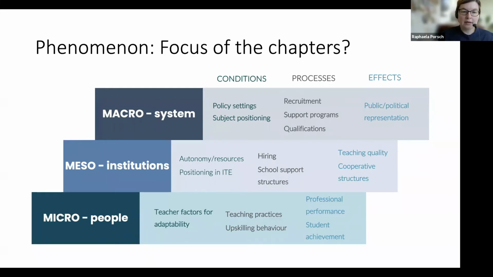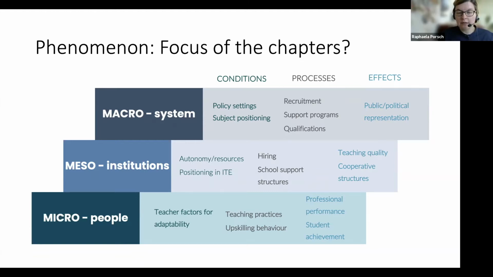It's the micro level, so we talk about people, individuals. Then there's the meso level, the institutional level, so in our terms, the university or the schools. And then we have the macro level, the system level, so mostly it's about the policy level.